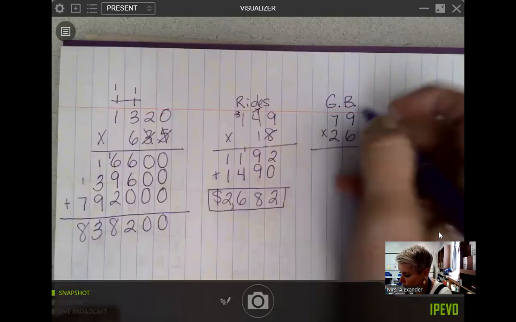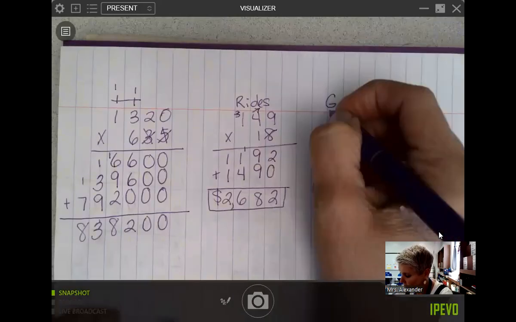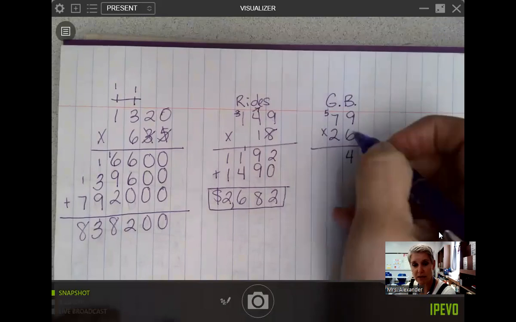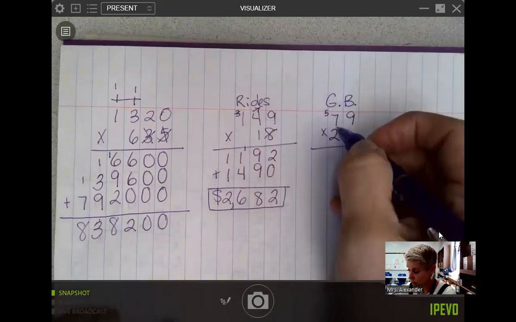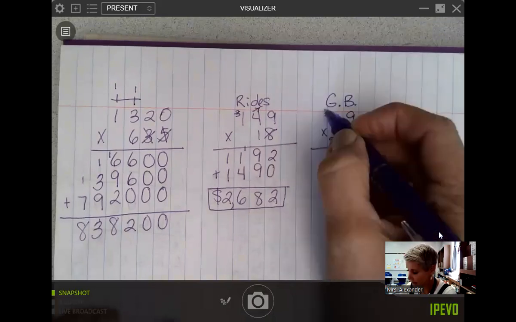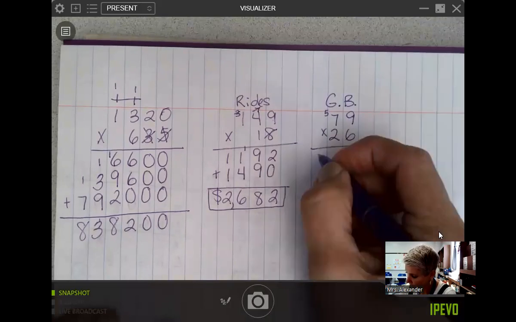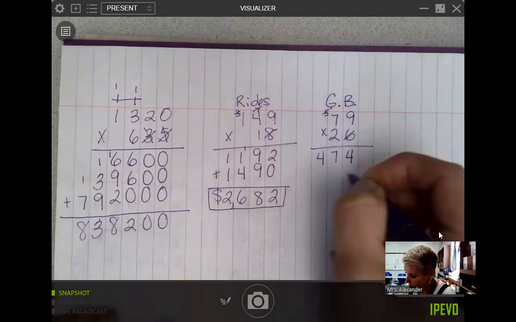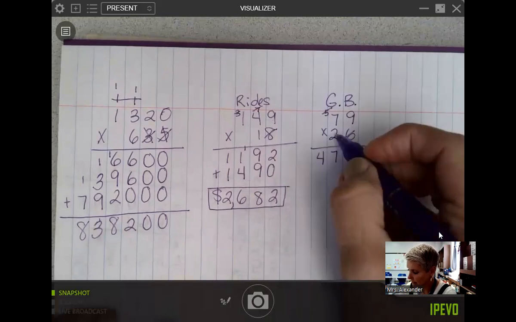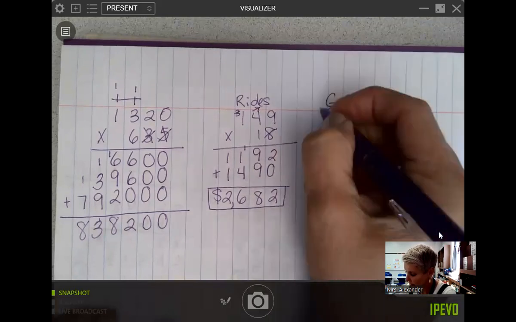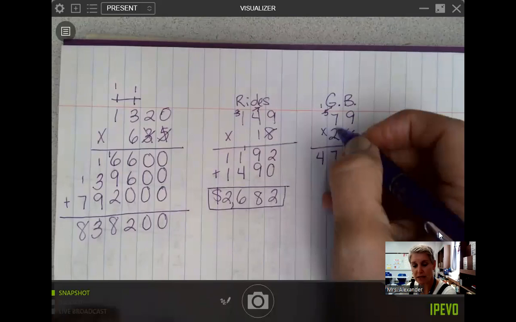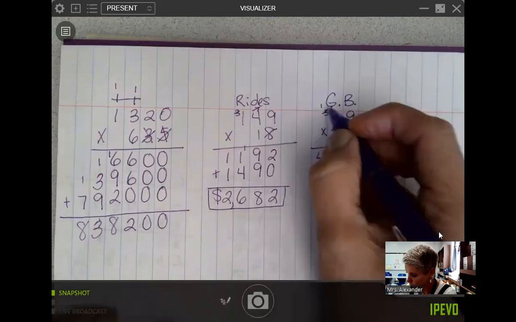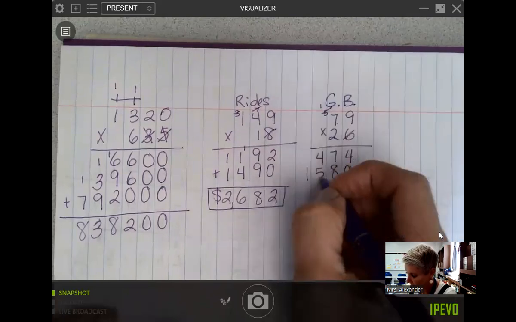Let's check the game booths. 6 times 9 equals 54. 6 times 7 equals 42 plus 5 equals 47. We're finished with the ones. 9 times 2 equals 18. 2 times 7 equals 14 plus 1 equals 15.